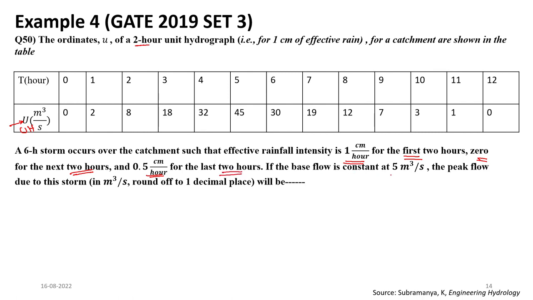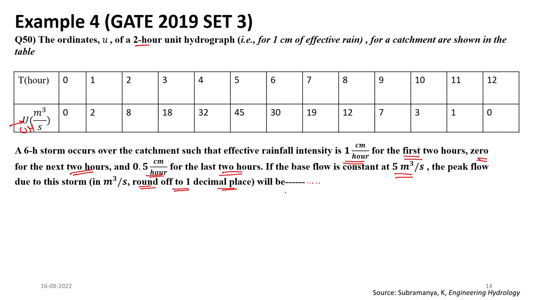If the base flow is constant at 5 meter cube per second, the peak flow due to this storm will be. When we see this kind of fill in the blanks questions, you must also read up to how many decimals you need to round it off, like round it off to 1 decimal. Keep that in mind while solving.